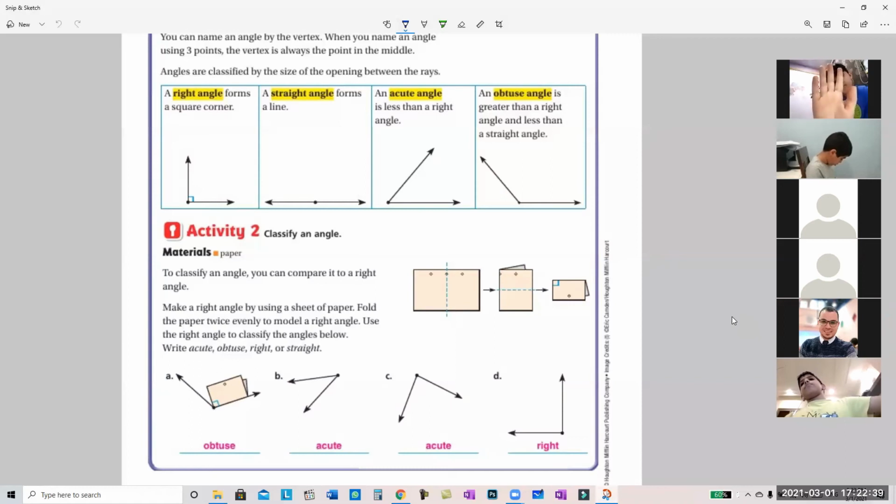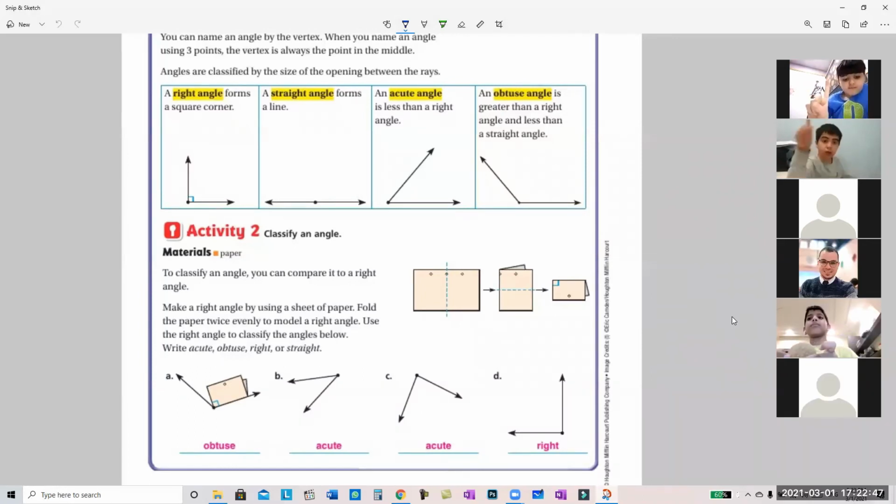Mister, can I answer? Okay, wait for your turn, my dear. Yes, Muhammad Burir. Mute yourself, please. Mister, you forgot the attendance. Yeah, I know, but we don't have enough time for this, and I will get it by myself.